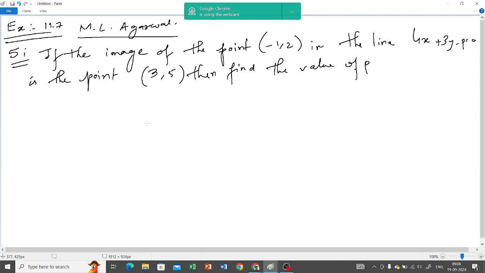Left hand limit means what? Your x is approaching 0 with values less than 0, right? Left hand limit x tends to 0 minus, that means x is holding values less than 0, so you should take the first function, root over 1 plus kx minus root over 1 minus kx. Make sure you don't get a 0 by 0 form; if you put x as 0, then you will have to balance accordingly, and a value will come.